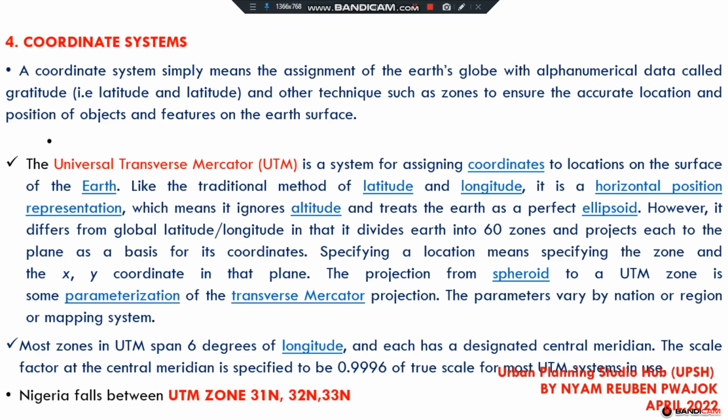Yes, just as what I was explaining earlier on. Now all you need to know, when you are setting up your space for your GIS or to start your design, is which zone you belong to. So I have the UTM zones for Nigeria. I'm going to show us the image so you'll be able to trace where you belong.